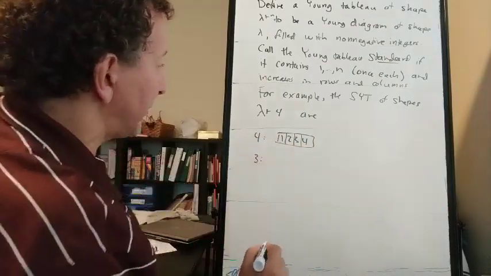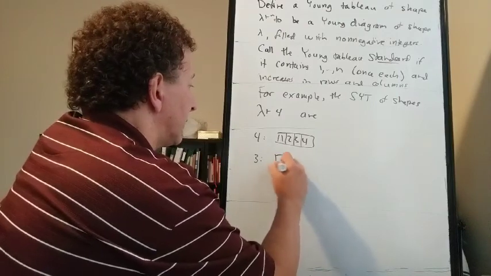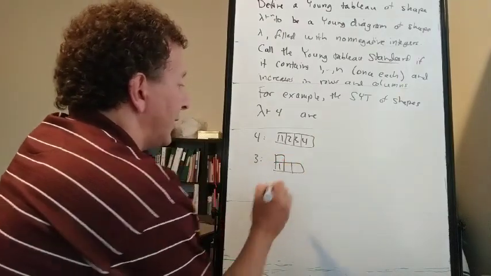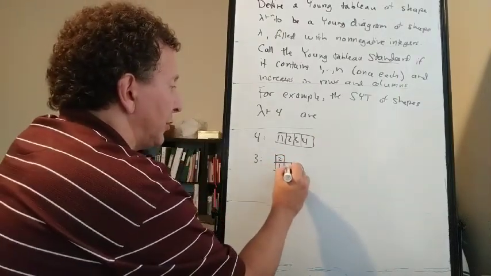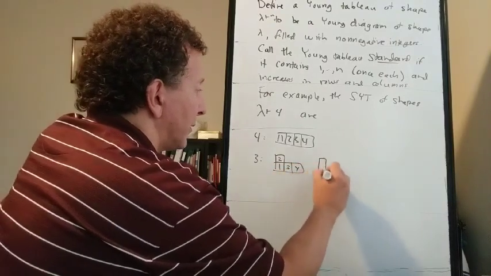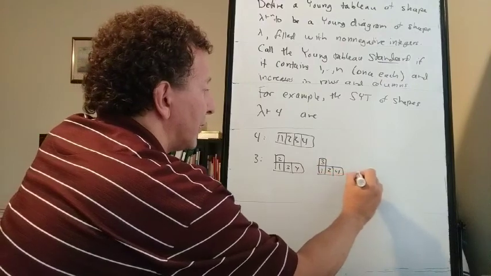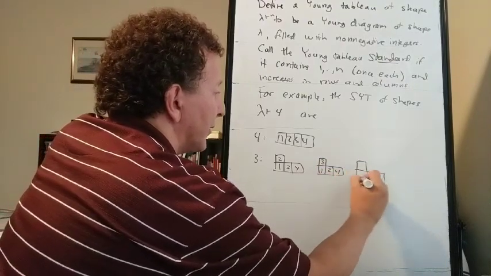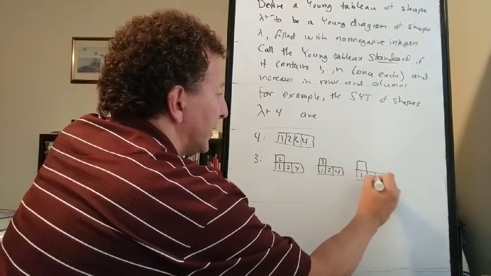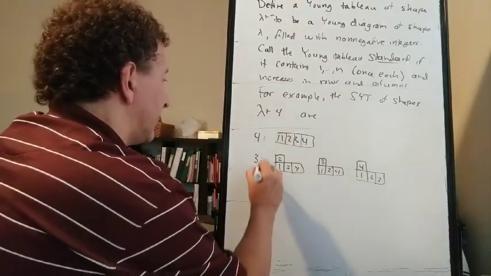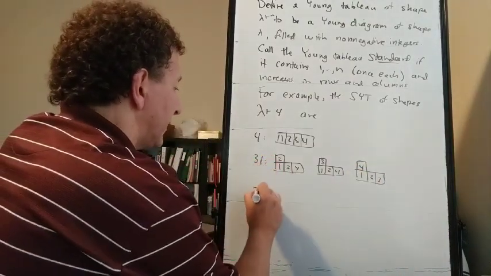For 3, 1, there's 3 ways to do it. 1 has to go here. We could put 2 above and then 3, 4. Or 3 above and 2, 4. Or 4 above and then 2 and 3.